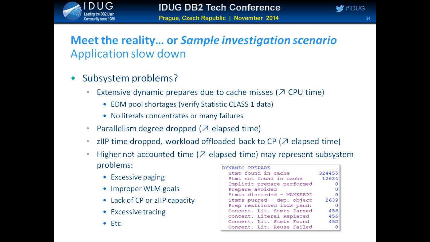Or maybe you just don't have enough CPs. You have some LPAR with one small processor being shared with another LPAR, so that would obviously be longer. Or one of the reasons could be tracing. Maybe the traces themselves take CPU, which is why you get less for your application. And there are other reasons.